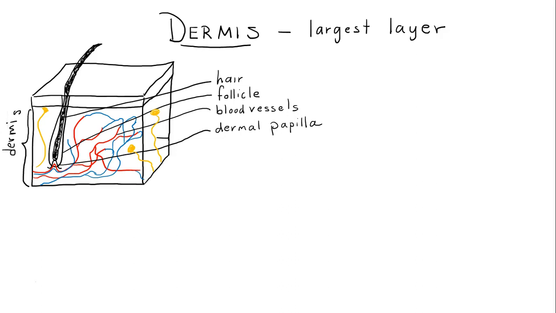Okay, and then here we have the sensory neurons. And the sensory neurons have these nerve endings. And so sensory neurons are going to allow you to feel sensations from your skin, such as touch, light touch, or deep pressure, or hot and cold.